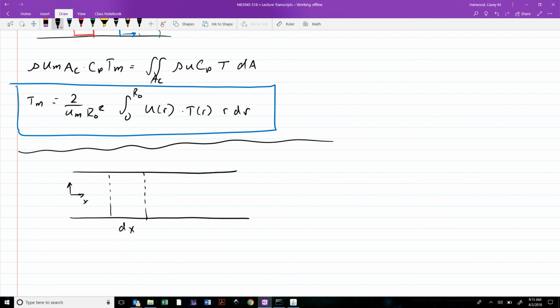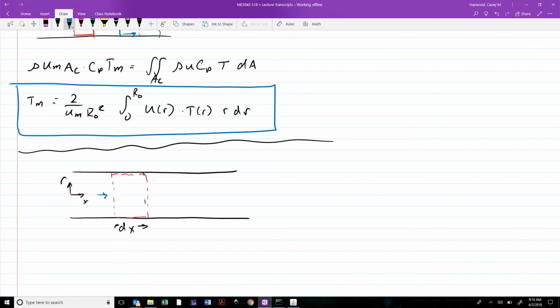x, r. Let's go ahead and draw this as red. So we're taking a slug, sort of a cylindrical control volume in this pipe, right? So anything that flows through this pipe has to flow in this side and out this side of this control volume.